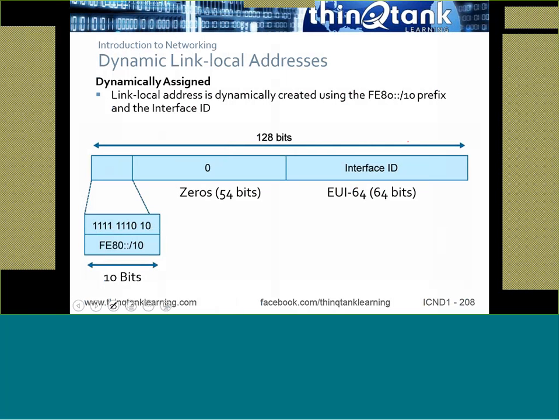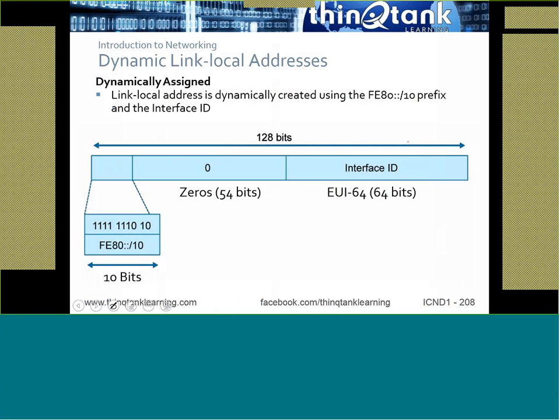Link local addresses are used to do neighbor discovery. We don't have ARP in IPv6. We have ICMP neighbor discovery. So there's a lot of reasons why we see this link local address. And as we go through some chapters in the future, we'll talk more about what this link local address does.